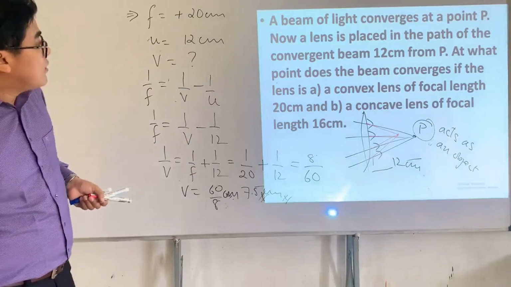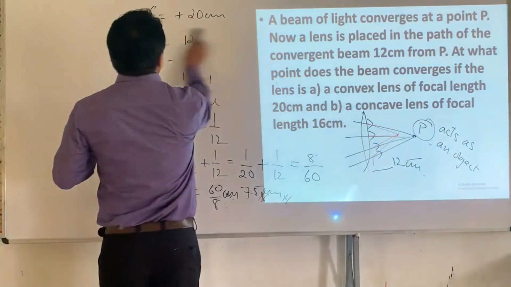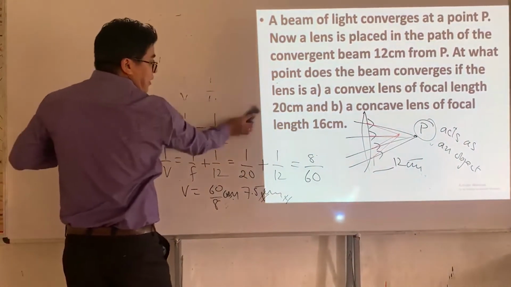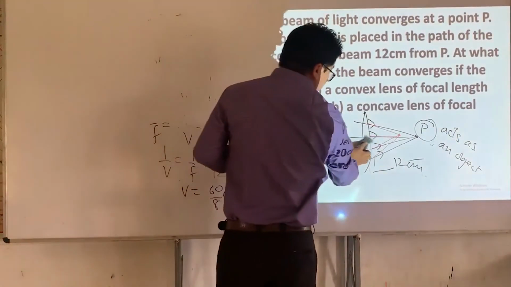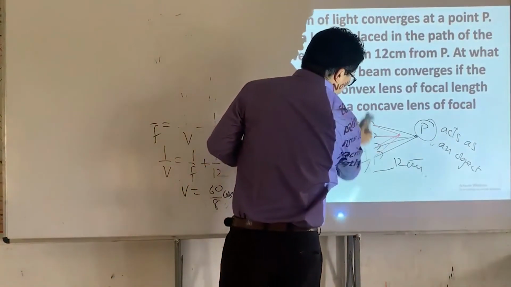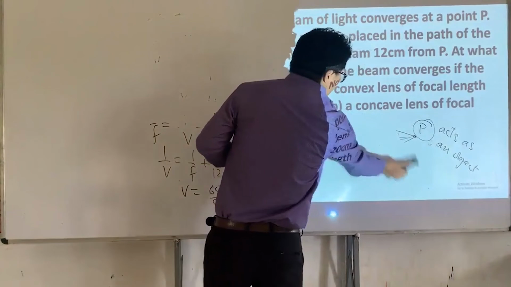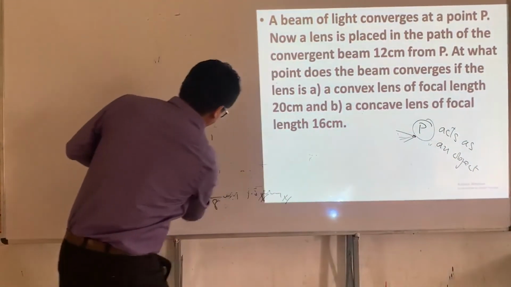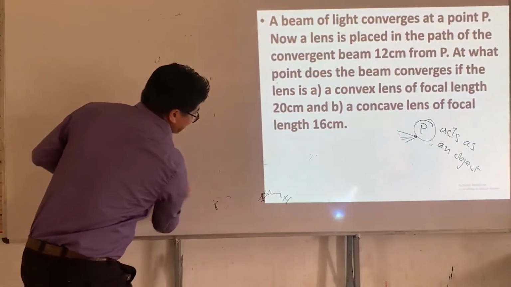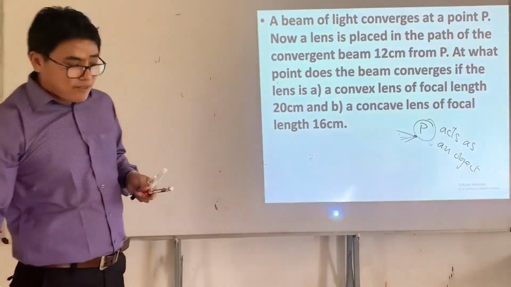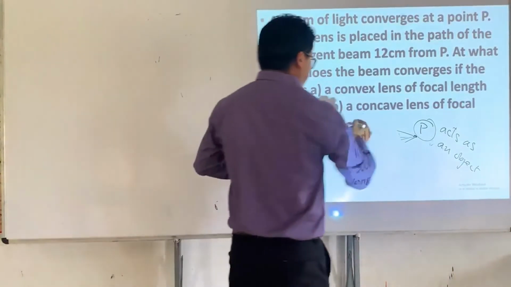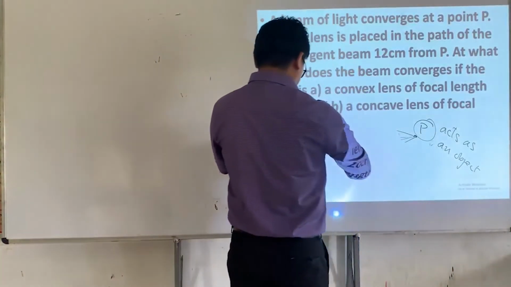Alright. So now the second problem is, if I give, instead of a convex lens, a concave lens, then instead of converging it further, it diverges. So I just do like this.